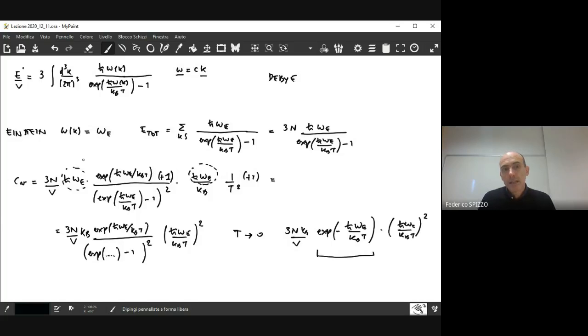Anyway, the Einstein model starts from an approximation that was not fine for the acoustic phonons, but is actually fine for the optical ones.